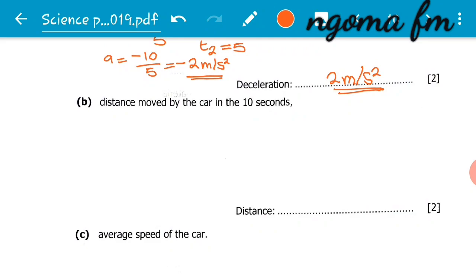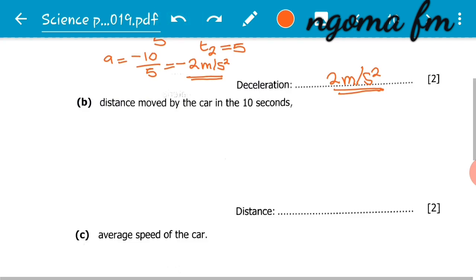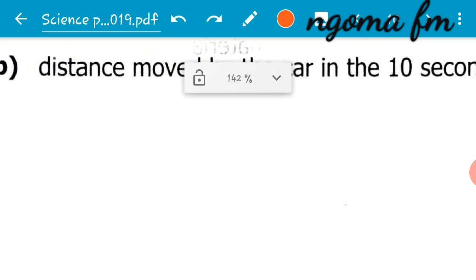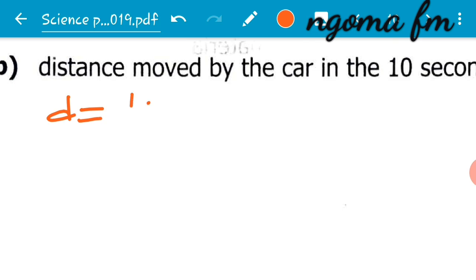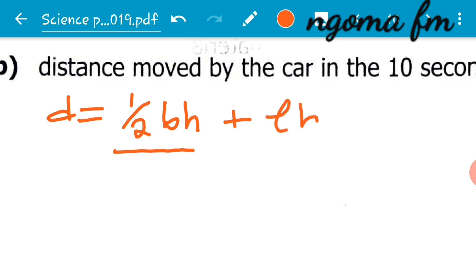So we're going to say distance is equal to half BH, this is for the triangle, plus LB, this is for the rectangle.